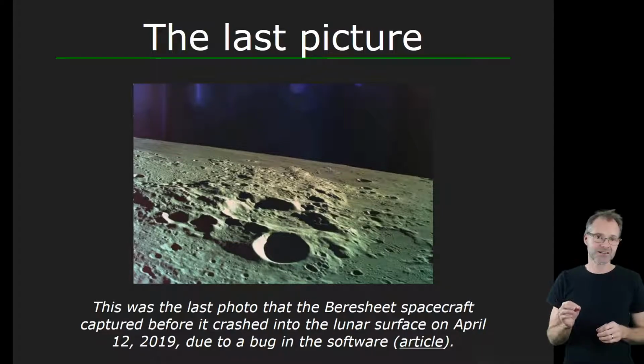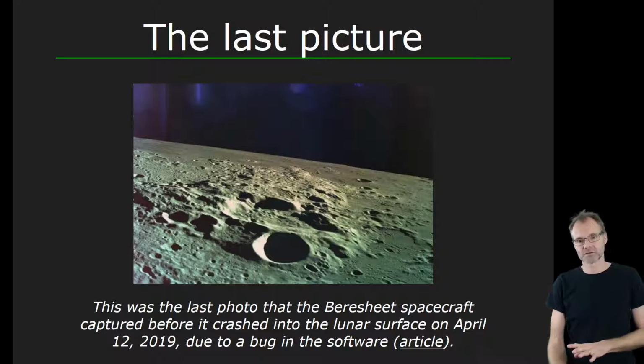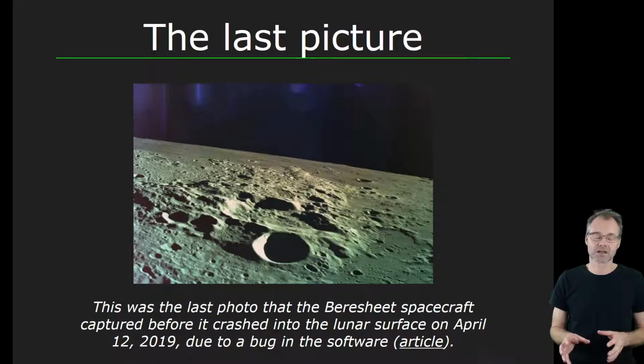It was a braking system that didn't work, so they couldn't brake the spacecraft when it closed down on the surface. They actually rebooted the whole system, but it was too late. So bang, crashed due to a software bug.